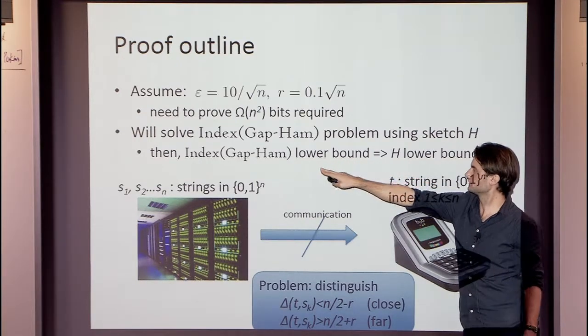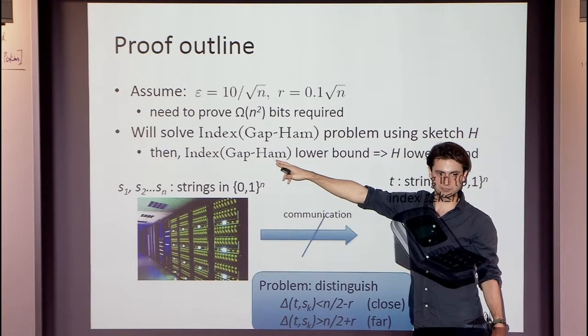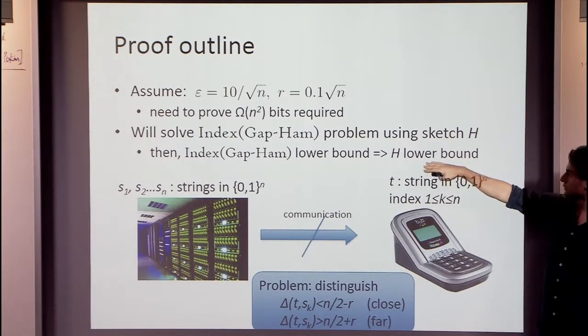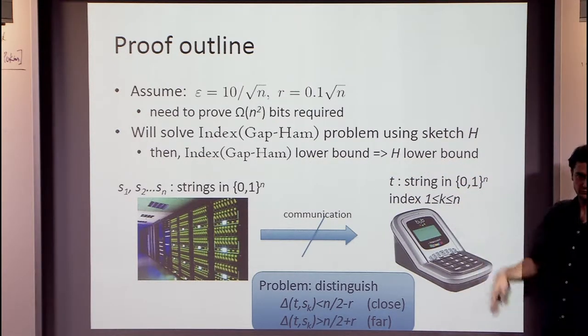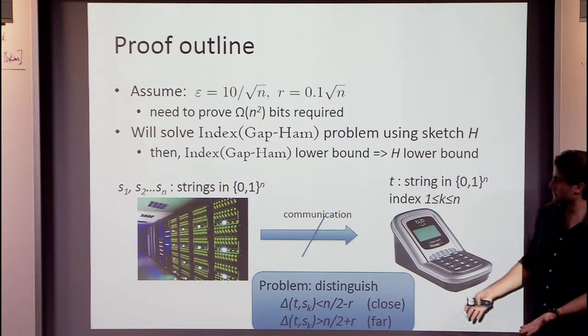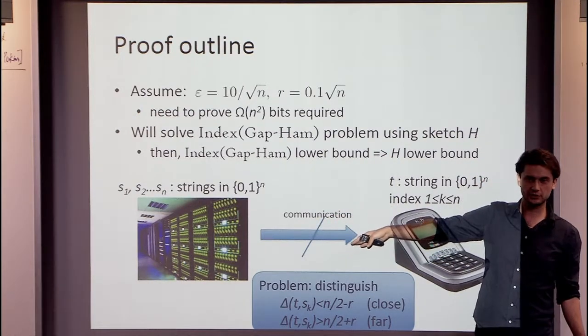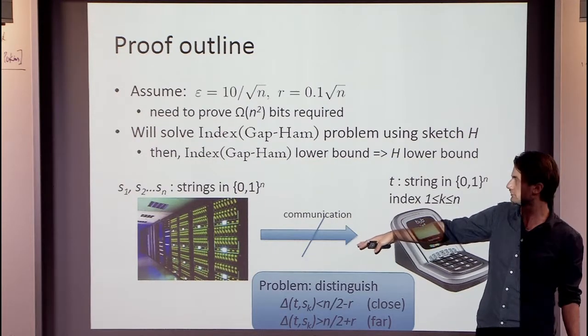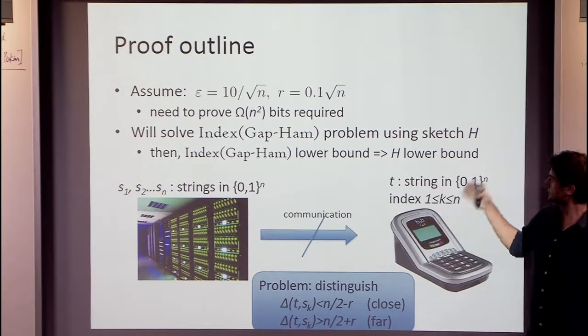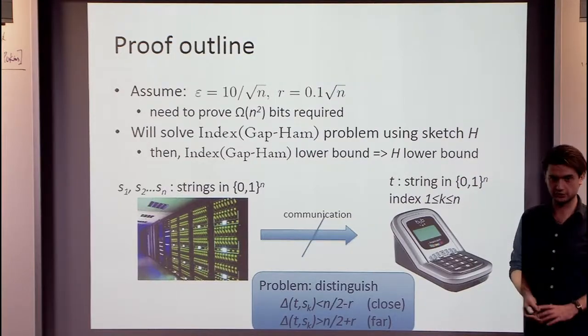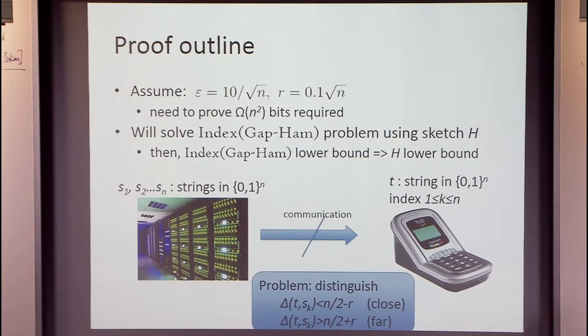Then a communication complexity lower bound for this problem will imply a lower bound on the size of H. In particular, we'll show that Alice cannot do much more than send its entire information, basically order n squared, and this will mean that H also has to have size roughly n squared. Does this make sense?